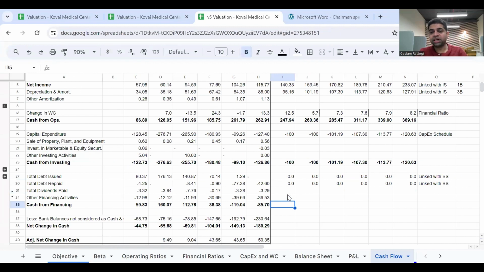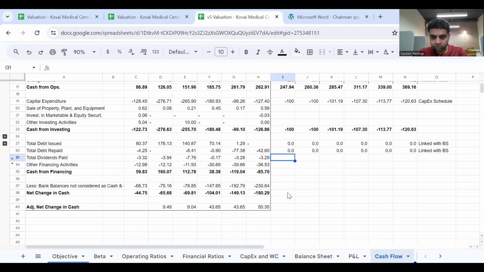Now total dividends. See, we did not estimate dividends at all. But let's do that. Ideally, I should be going to a different sheet, but I don't want to lose momentum. So I'm just going to estimate and calculate dividends as a portion of profits here. And I'm going to move them to the financial ratio sheet later, because ideally all your ratios should be housed in one sheet. So please pardon me for that.